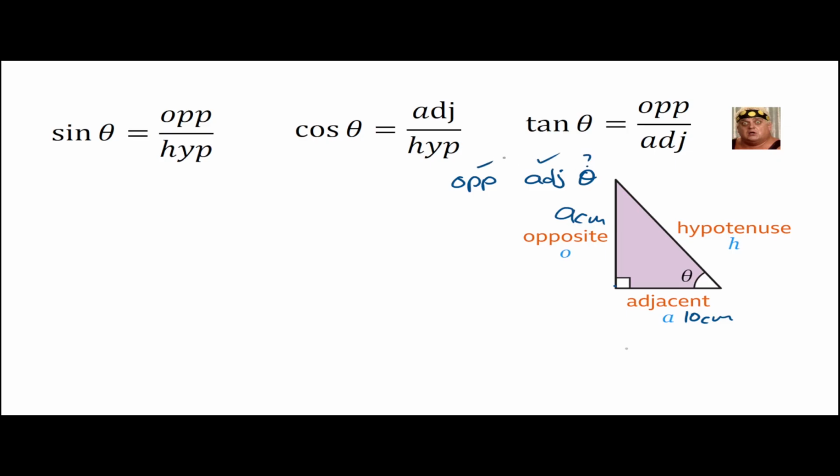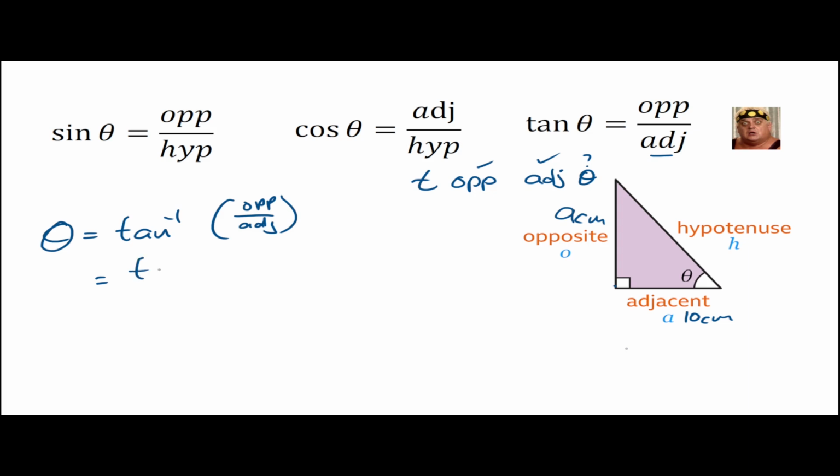So of these three, sine, cos, or tan, which one has opposite and adjacent? It's going to be tan. So therefore our theta is going to be tan inverse of opposite over adjacent.